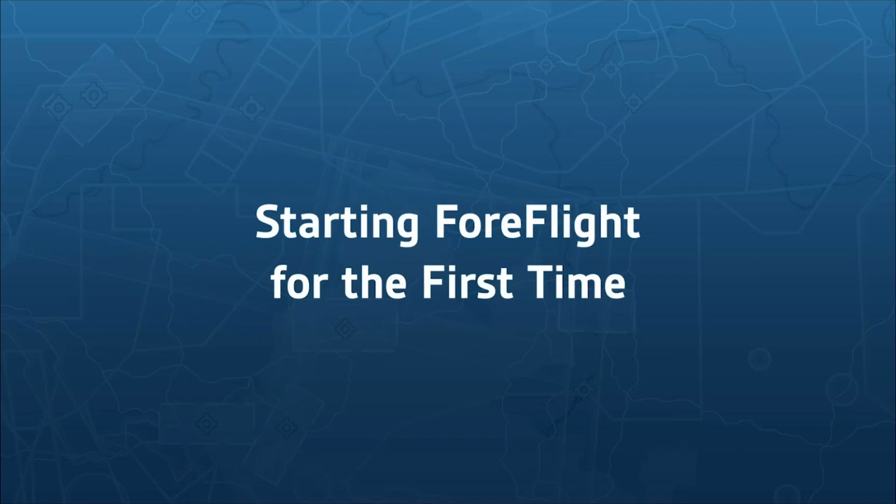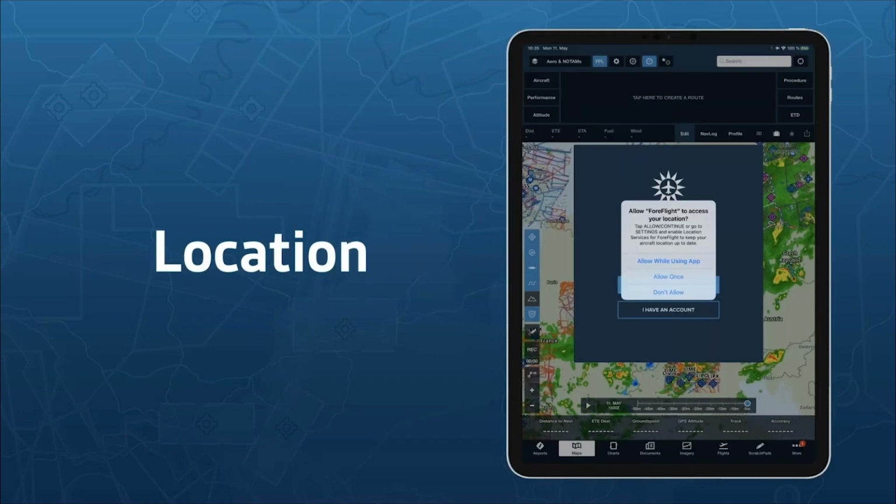So I wanted to talk first just very briefly about starting ForeFlight for the first time, because there's a lot that can come up right at the beginning. The first thing that will happen the first time that you get ForeFlight, and some of you may have seen this, may have not even realized this was here, is it will actually ask you for your location. This is really important, and the reason why is this is how ForeFlight gets access to the GPS built into your device.